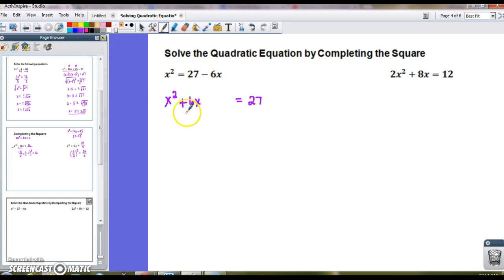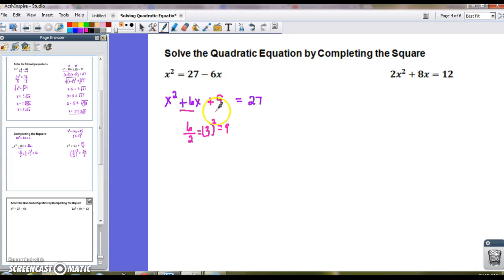Now, again, to complete the square, I take half of that b value. So half of 6 is 3, and then I'm going to square that, and that gives me 9, so that's what is going here. In order to keep it as an equation, whatever I do to one side of the equation, I have to do to the other side.